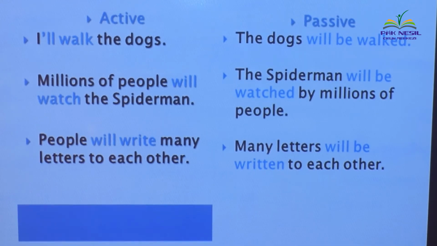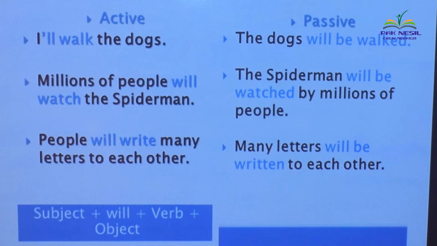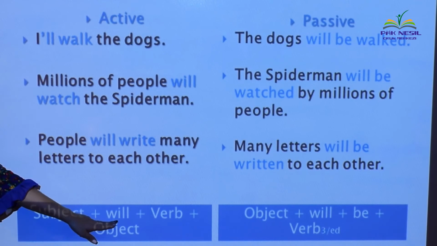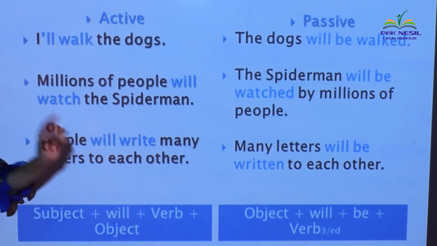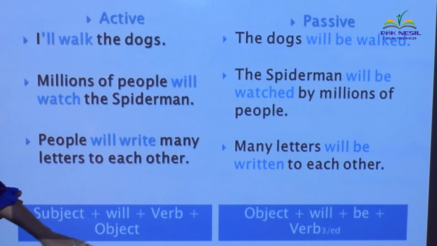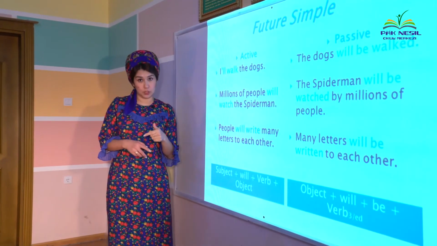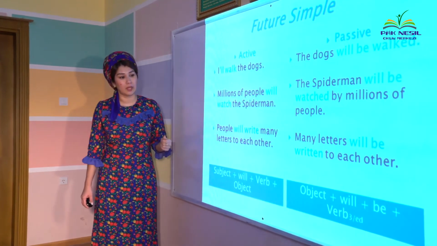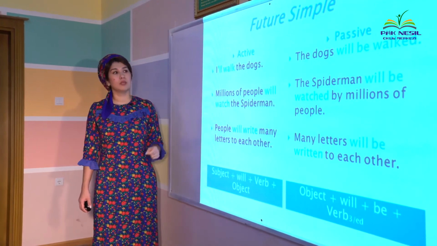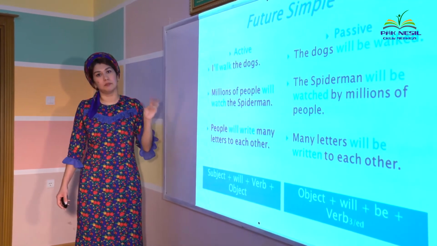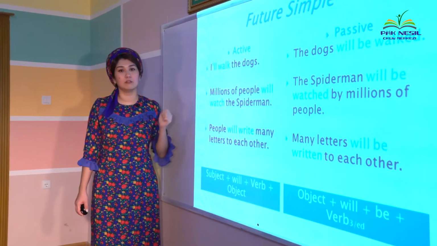So here we can see again the structures of the sentences. Subject, auxiliary verb of the future tense will, then the main verb in present simple tense, don't forget that, and the object. In passive voice, again we change the object, then we have will, then be, and the verb 3, or ed, the past participle form of the main verb.